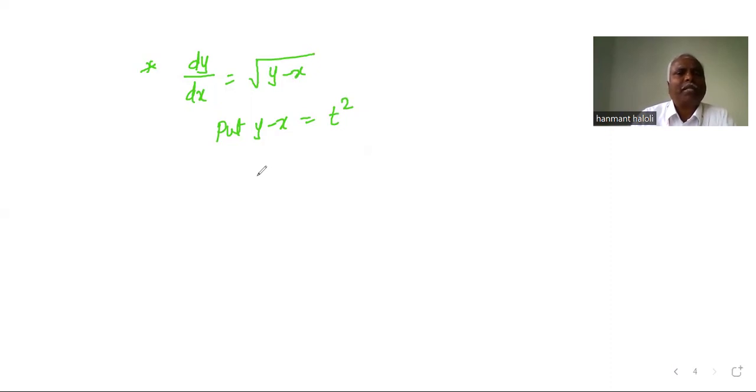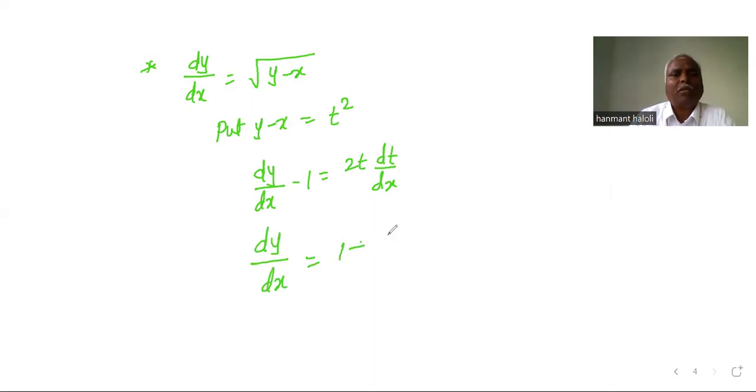Okay. Then differentiate it. dy by dx minus 1 is equal to 2t dt by dx. Therefore, dy by dx is equal to 1 plus 2t dt upon dx.